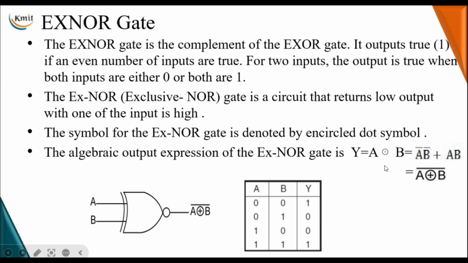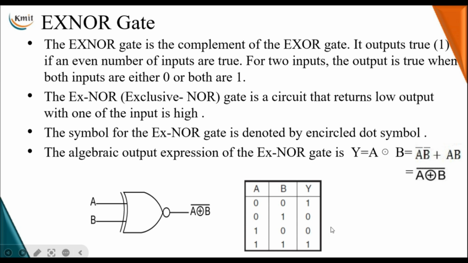Exclusive NOR is exactly the complement of your XOR. It gives the output logical 1 if you have a similar input combination. So for 0 0 as well as for 1 1 it gives logical 1, and for the dissimilar input combinations on A B, 0 1 or 1 0, it gives the output 0.